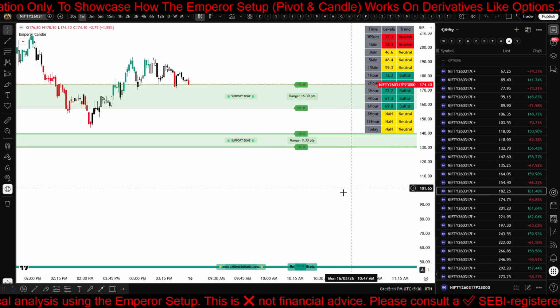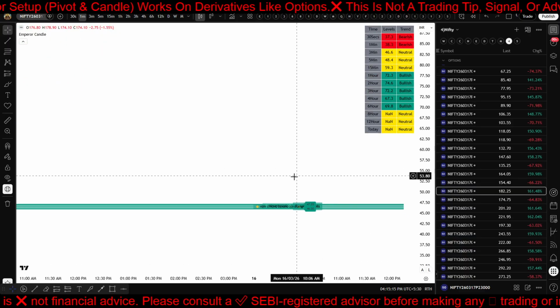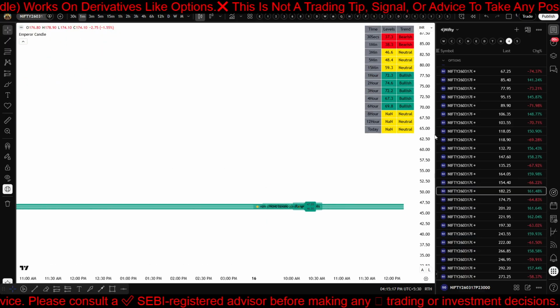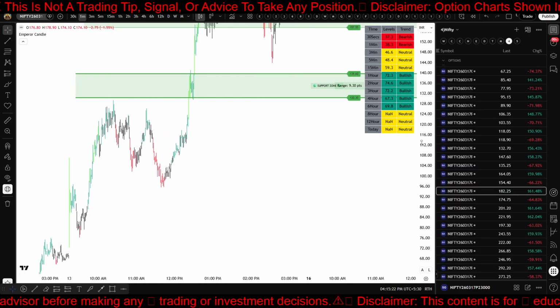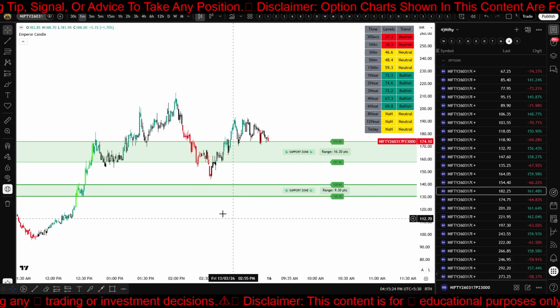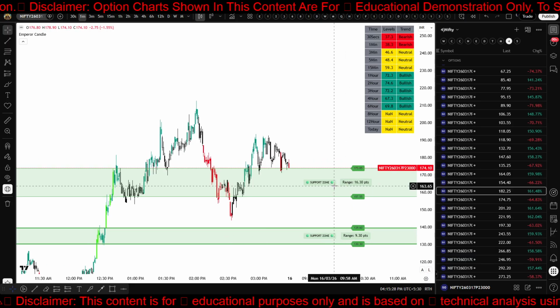I'm remembering it like this. See over here, both zones are there, demand zone and very strong demand zone at 47, and it went up so high, and it is now above the support zone, and here also price is still above the support zone.